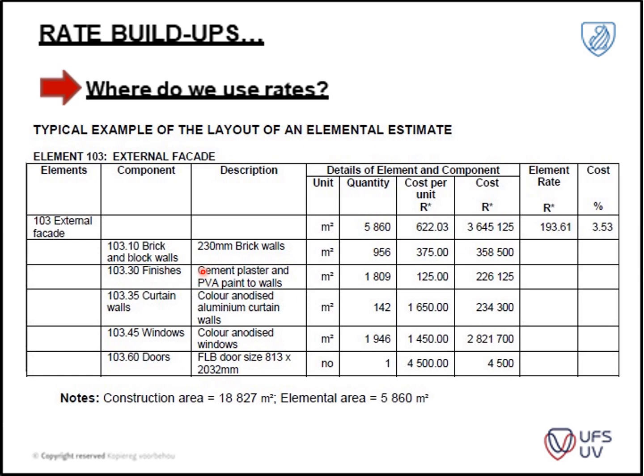If you've got a 110 millimeter wall, you will have that underneath, still 103.10, and then you will go on like that. In your description, you differentiate between different units and the rate buildups that will be conducted underneath them.